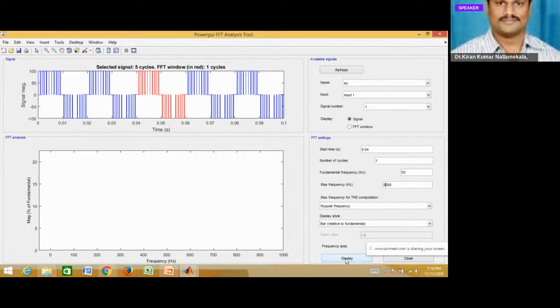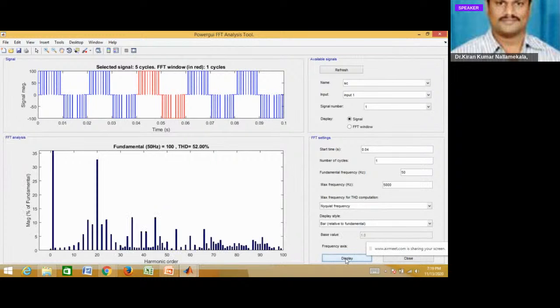Display, click on display. See, all the harmonics are present around 20, right? So I'll take a print screen.